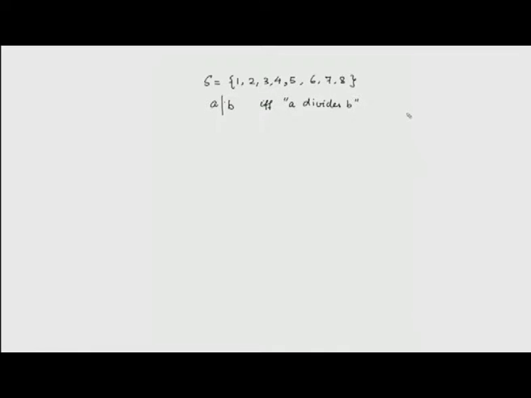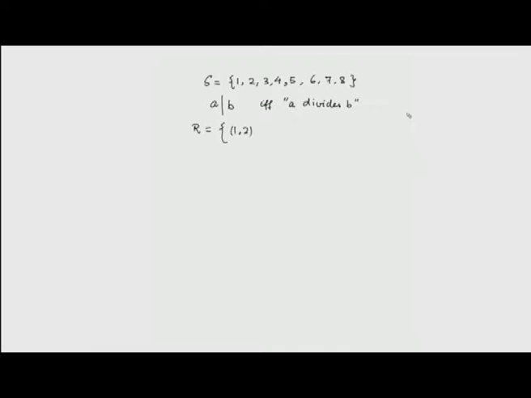Now, let us start to list all the ordered pairs corresponding to this relation. So, we have got R. Now, let us start with 1.